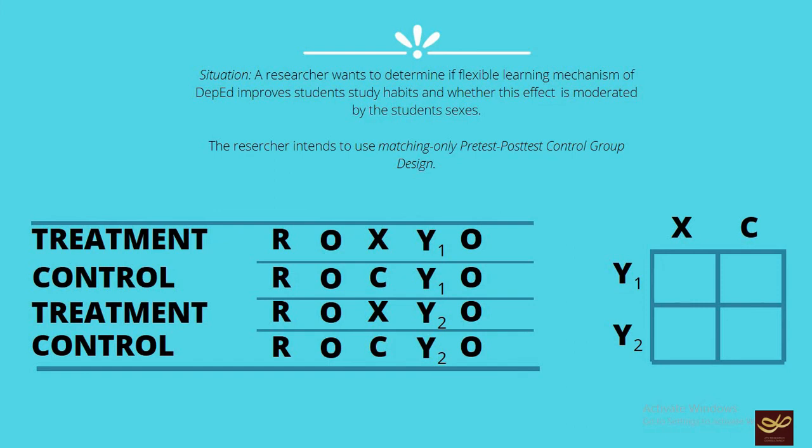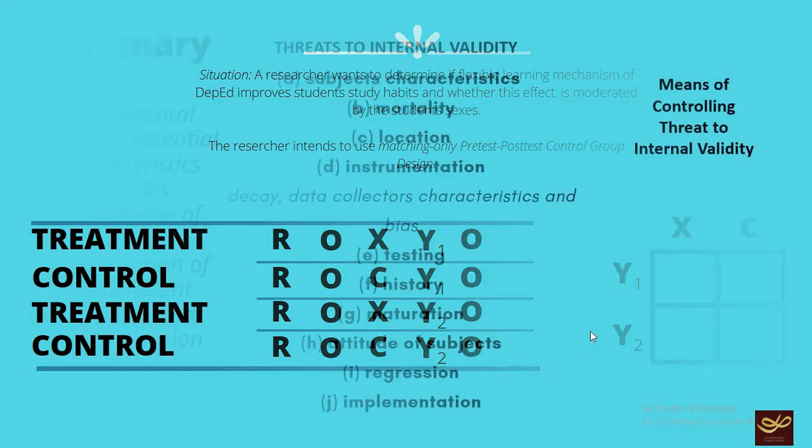Meaning if there was random selection and random assignment, then that factorial design is quite robust compared to the other designs.